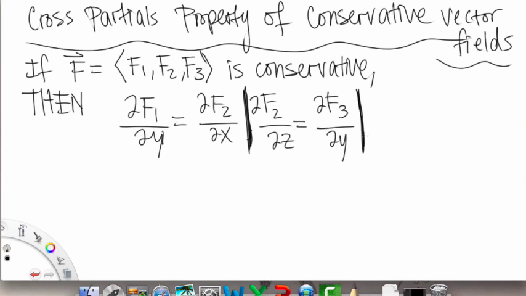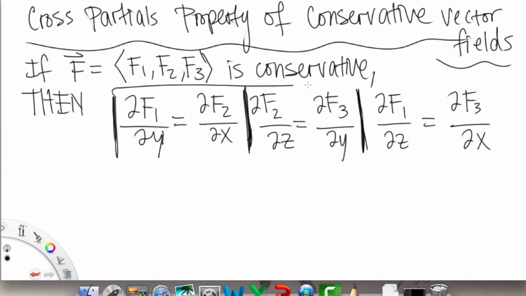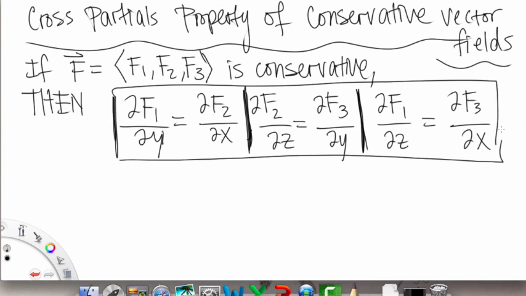So these are three different conditions that must be satisfied for the vector field f to be conservative. And then the last one is comparing the outside one. So partial of f sub 1 with respect to z must equal the partial of f3 with respect to x. Okay? So these must be fulfilled in order for the vector field to be considered conservative.